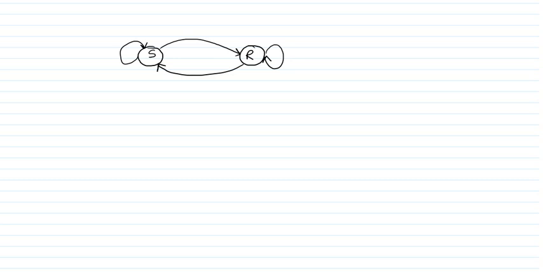So I may take sunny as a state and rainy as a state. I may take the transition probabilities: sunny to rainy, rainy to sunny, sunny to sunny, and rainy to rainy. Then there are some observations that are produced.